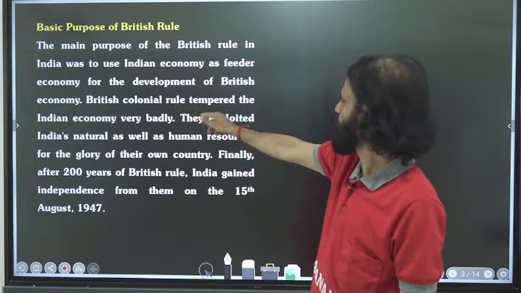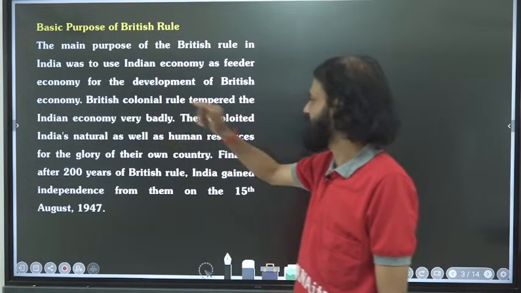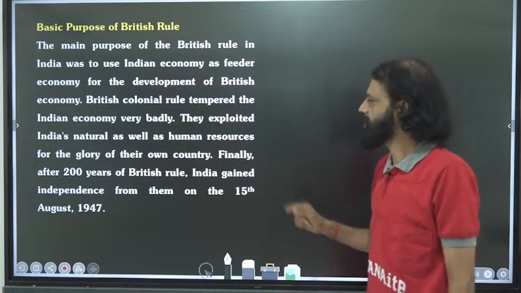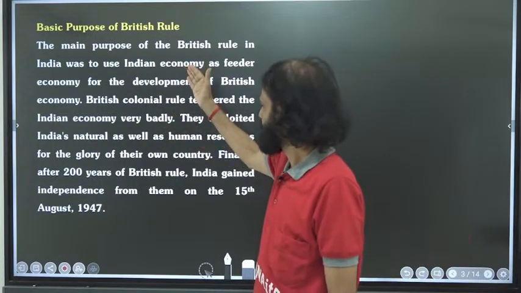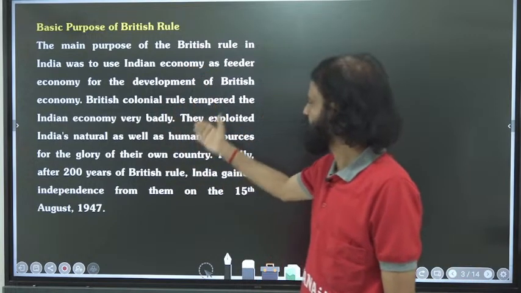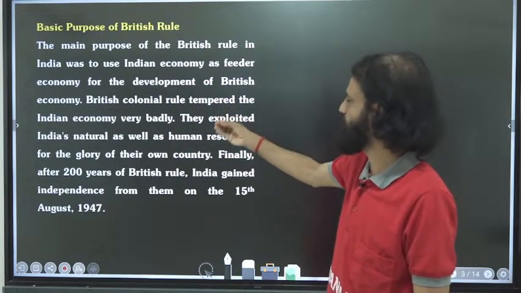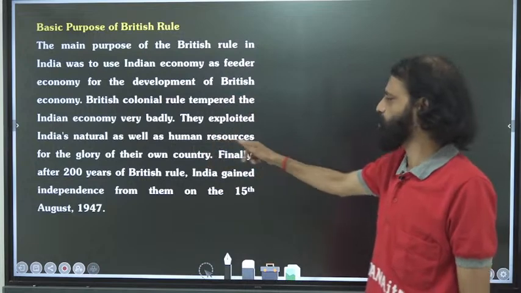British colonial rule damaged the Indian economy very badly. British rule put India in a very poor condition and brought India's economic situation into a bad state. They exploited India's natural as well as human resources.